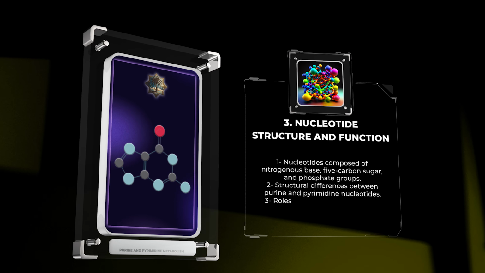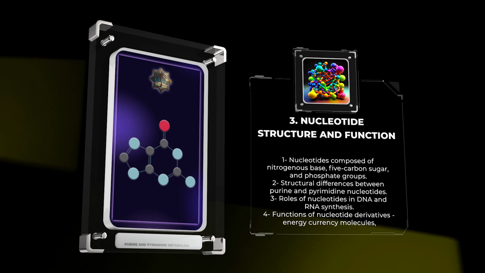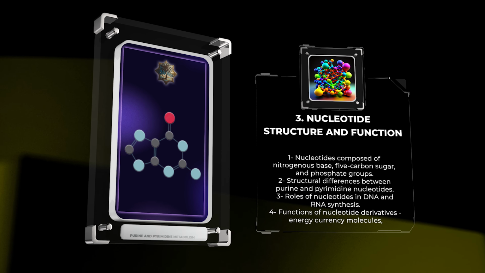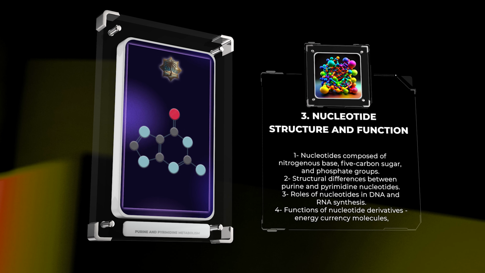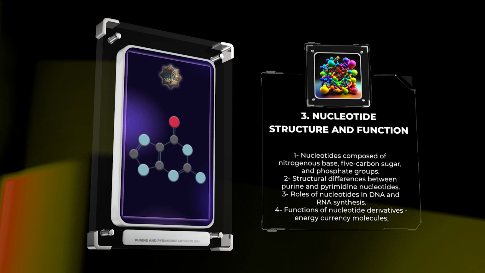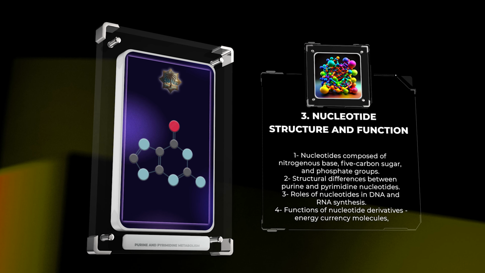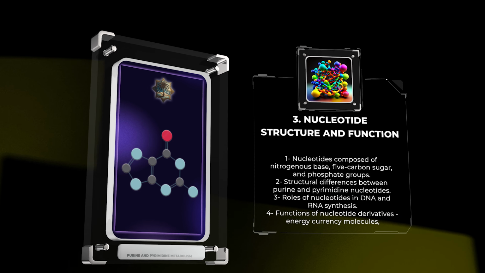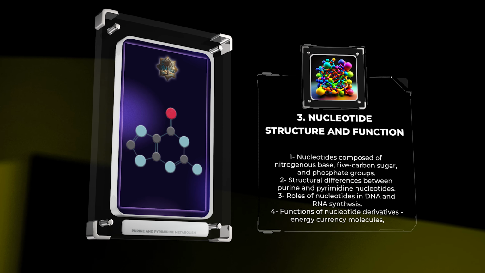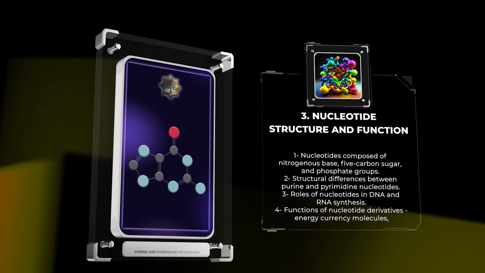Nucleotides are composed of 3 main components: a nitrogenous base, a 5-carbon sugar, ribose or deoxyribose, and 1 or more phosphate groups. The variations in these components give rise to the diverse functions of nucleotides in various biological processes. In this section, we will explore the structural differences between purine and pyrimidine nucleotides and discuss their respective roles in DNA and RNA synthesis.